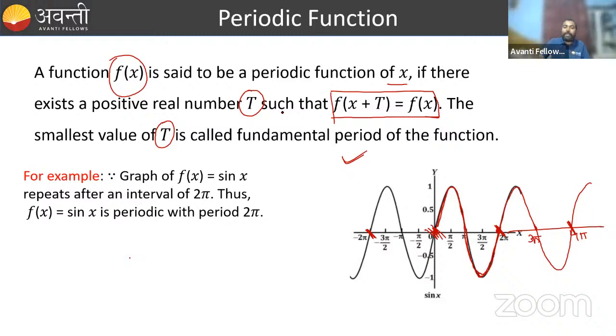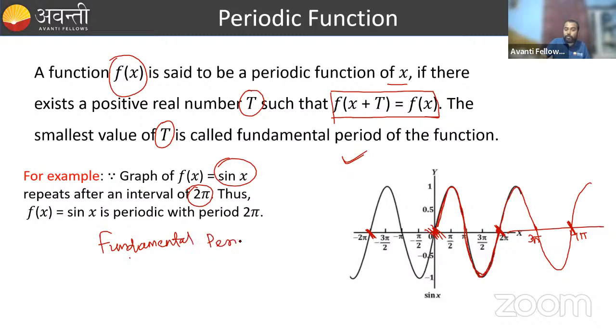That's why it is the fundamental period, and here the fundamental period is 2 pi. Generally we say fundamental period as period, so the period of sin x is 2 pi. Or we can say sin x is a trigonometric function which is 2 pi periodic.